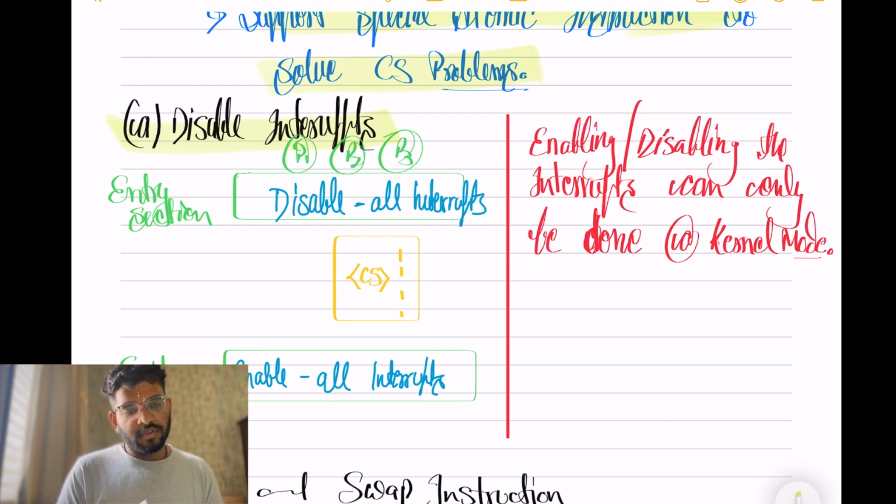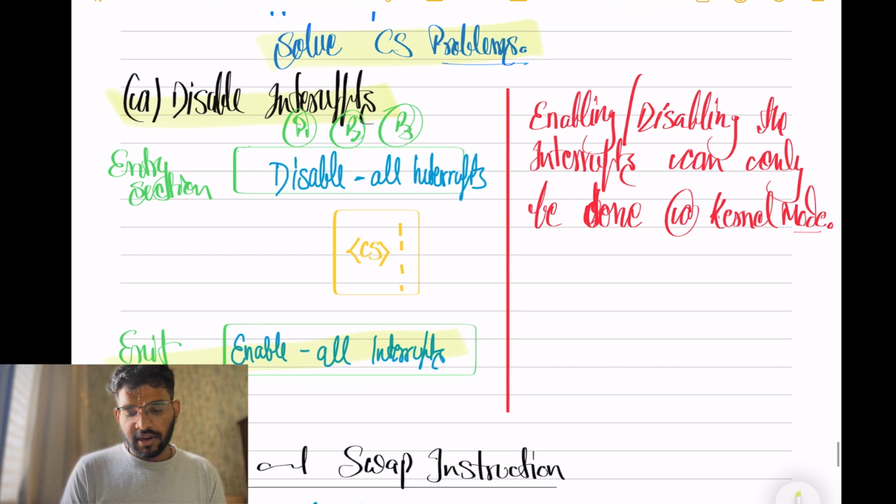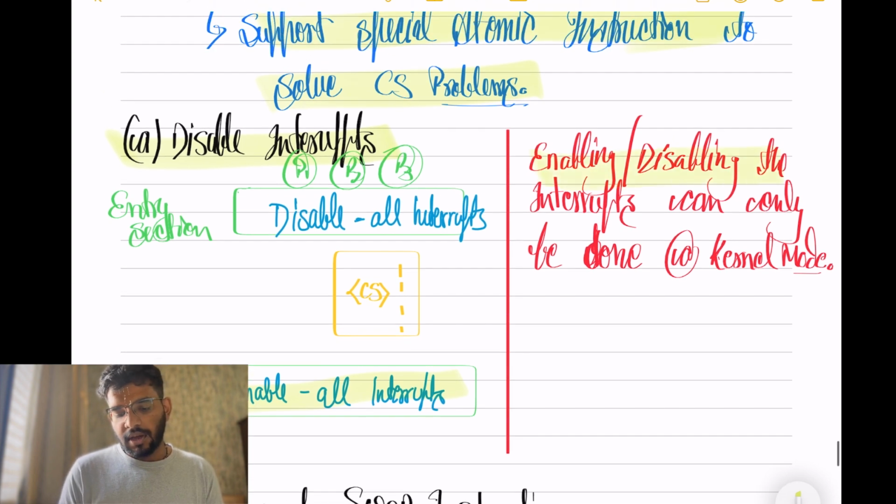When interrupts are disabled, no preemption of a process is done, and if no process is preempted in the critical section, then synchronization is maintained. But the problem here is that enabling and disabling interrupts can only be done by the kernel, or basically when the system is in kernel mode.